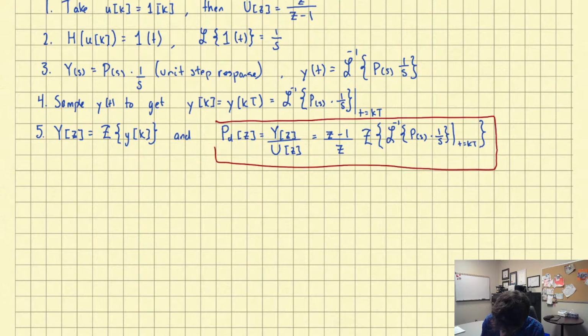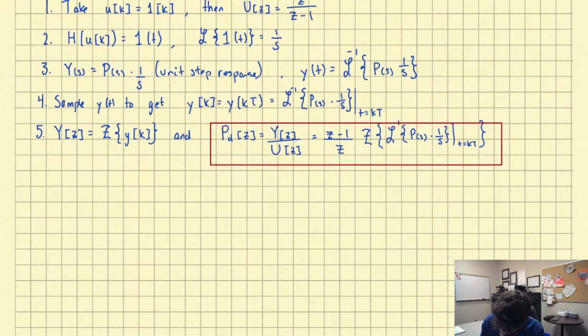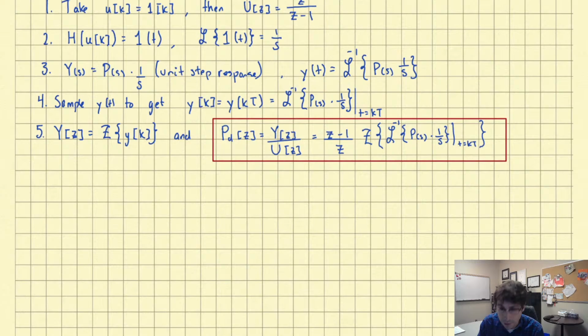It looks messy, but conceptually, it should be clear what we're doing here. We are just basically stepping through the block diagram and doing steps, taking Laplace and z transforms as needed. Okay, so this is how you would compute the discretized transfer function directly from the continuous time transfer function.